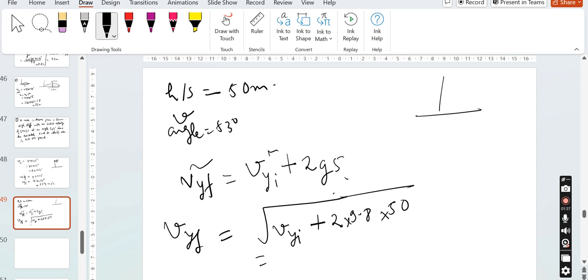Vyi we know is 5.59, that will give us 32 meter per second.